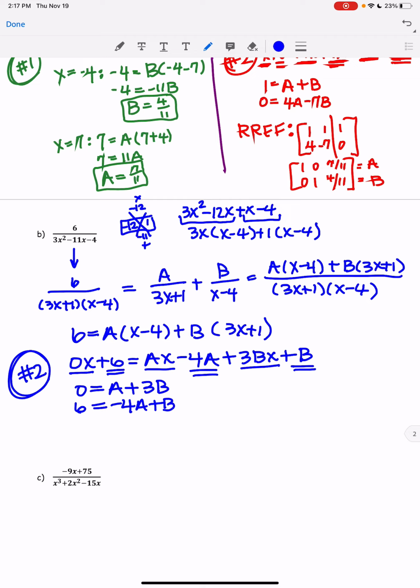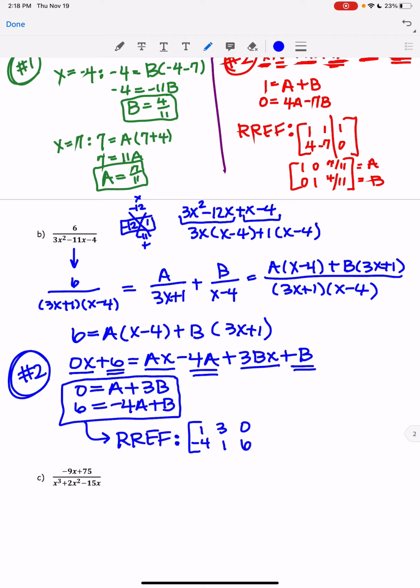So now take this here and write it in a matrix. So we're going to RREF. And your matrix looks like 1, 3, 0, negative 4, 1, 6. Okay, because that's your equal sign.